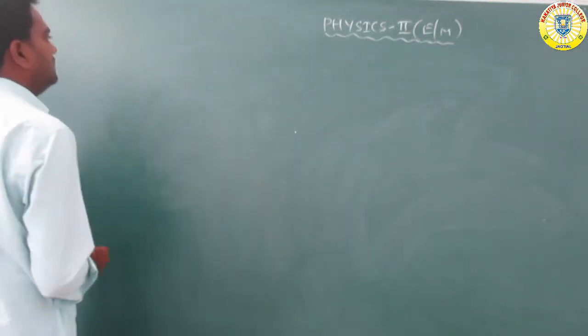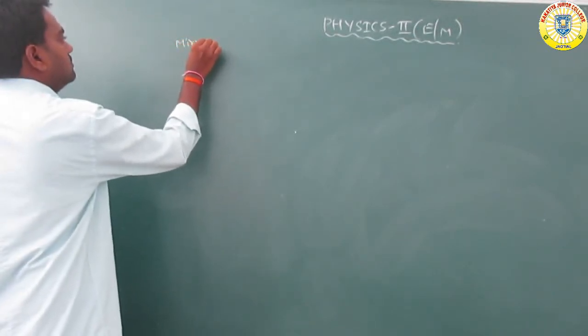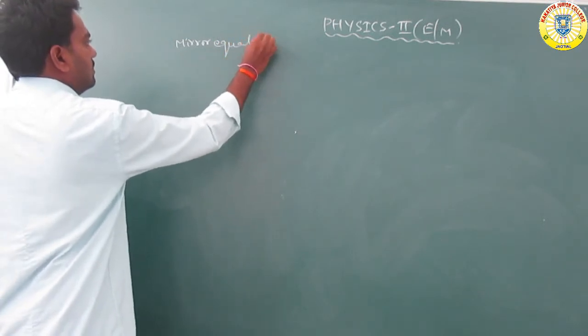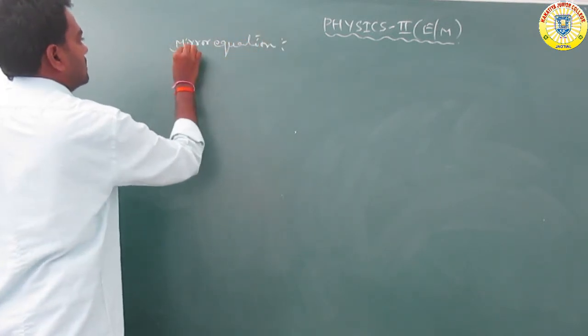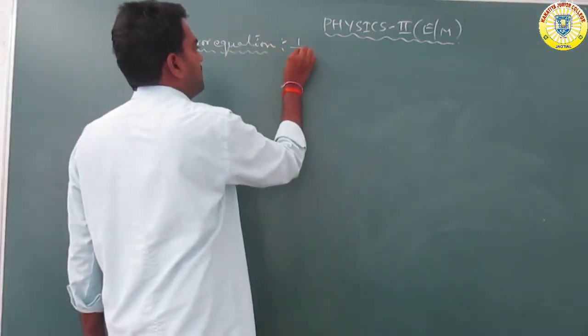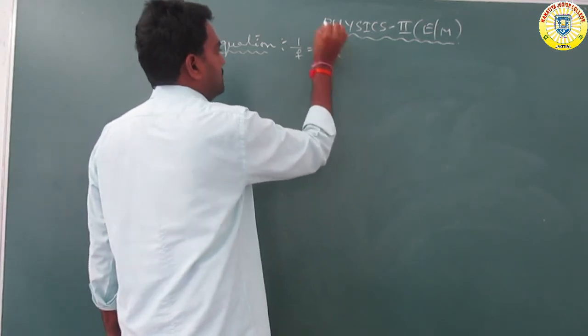Now another one: the mirror equation. 1 by f is equal to 1 by v plus 1 by u.